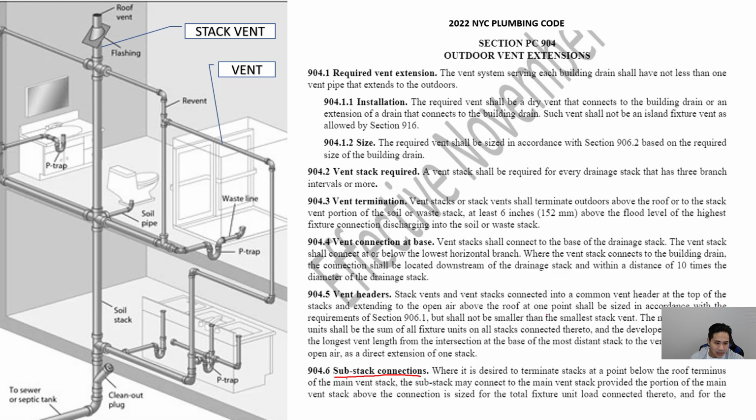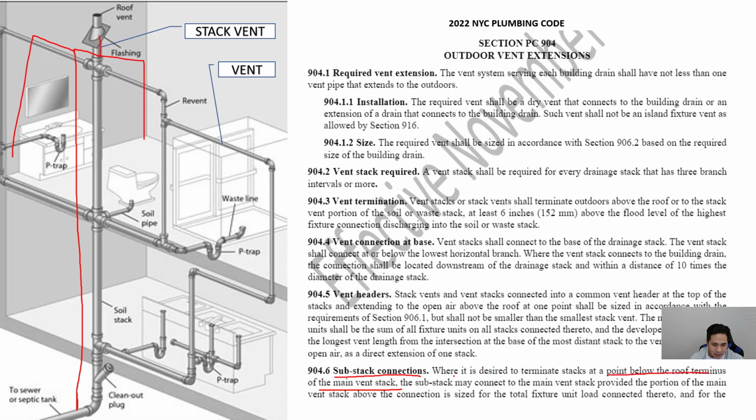So what that means is that if you have a vent stack, which is not shown here, let's say you have a vent stack that comes from here, this bottom point, all the way to the top, and you decide to combine it in here, and you have multiple other vents that are connecting from other places of the building.